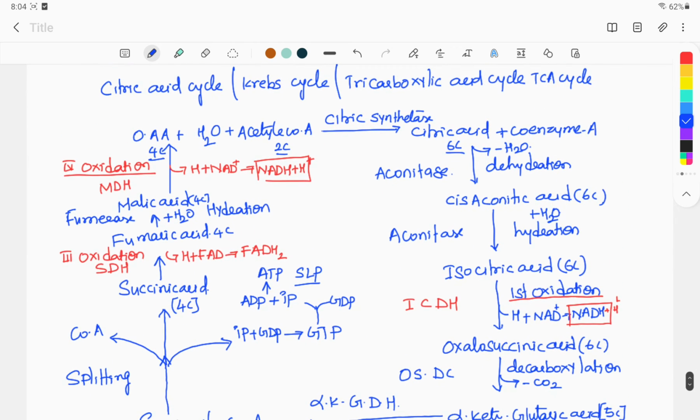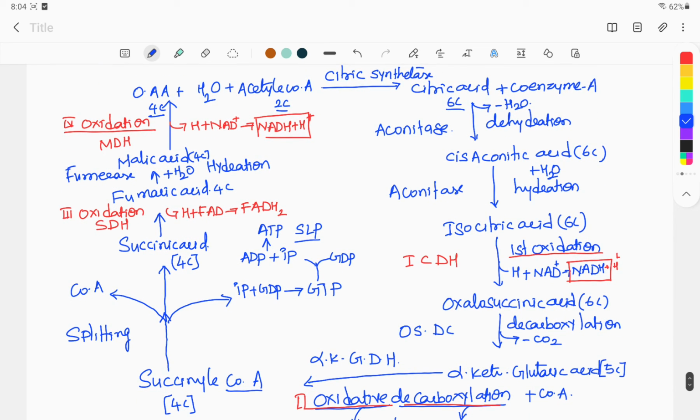Now you see in the Krebs cycle, where I wrote here. When succinyl-CoA converts into succinic acid, the first formed cell currency is GTP. Then from GTP, the GDP and Pi are separated. This Pi combines with ADP to form ATP. This is called substrate level phosphorylation that takes place during the Krebs cycle, that is the citric acid cycle.